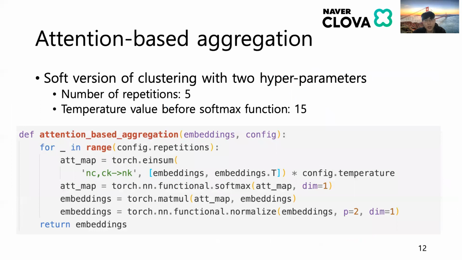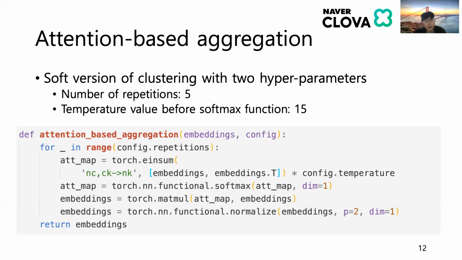Then we aggregate embedding vectors using a self-attention mechanism. We have prepared a short PyTorch code to introduce this concept. We calculate an attention map for each embedding using the softmax function and iteratively update embeddings based on these maps.